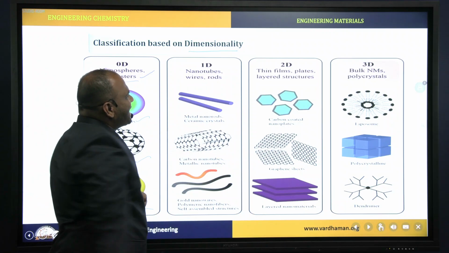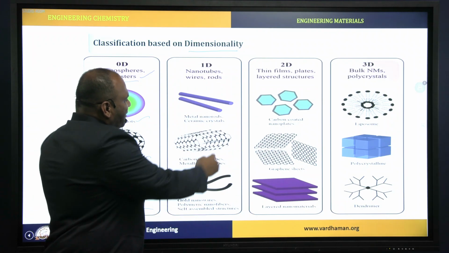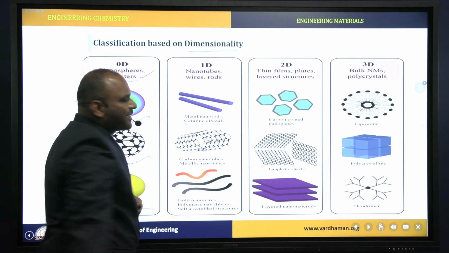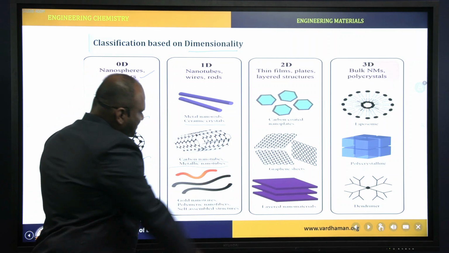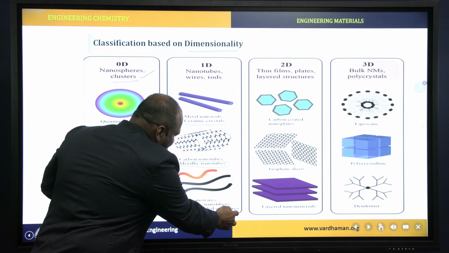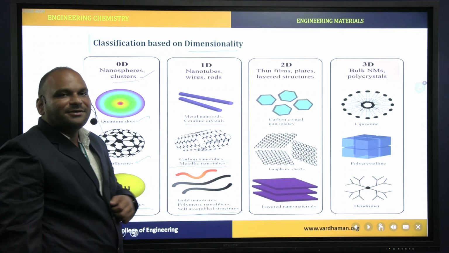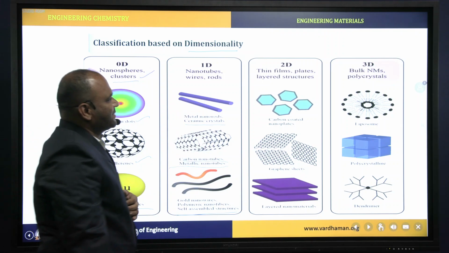Next, one dimensional nanomaterials: nanotubes, nanowires, rods, metal nanorods, ceramic crystals. Next, carbon nanotubes, metallic nanotubes, gold nanowires, polymeric nanofibers, self-assembled structures. These come under one-dimensional nanomaterials.